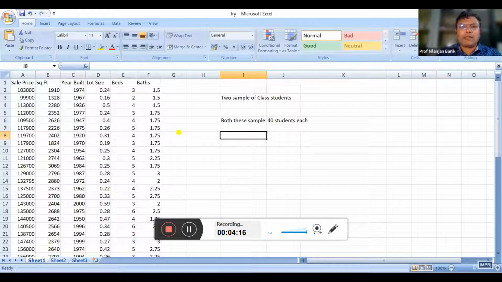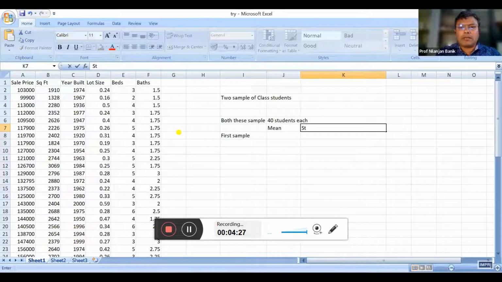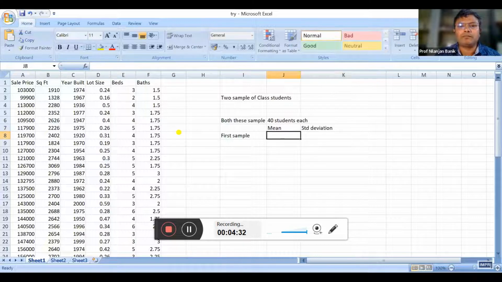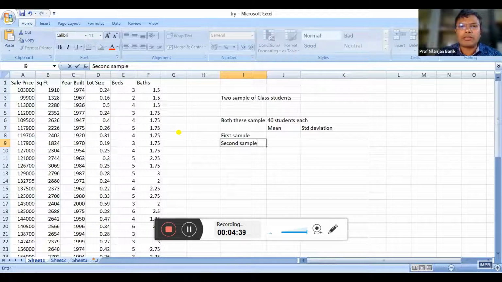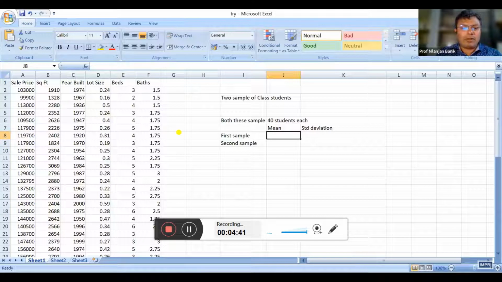In the first sample, let's call this the mean and the standard deviation. Please ask questions if you have any. In both samples we have 40 students each, but in the first sample we were getting a mean of 75 and a standard deviation of, let's say, 3.